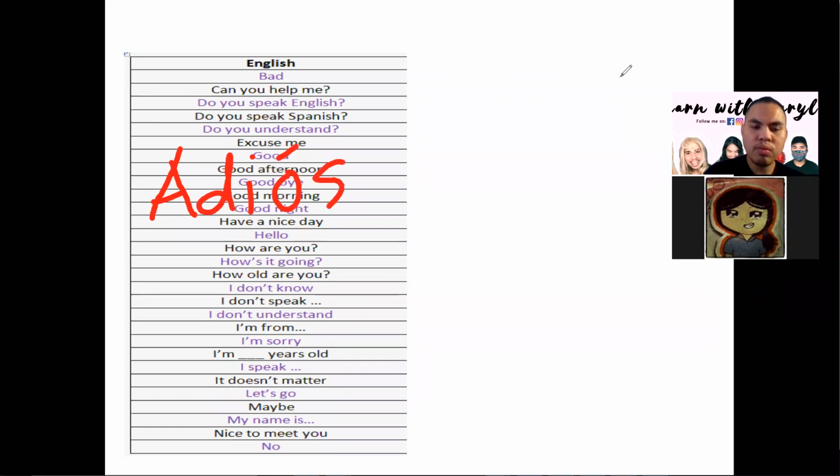So guys, what happens if, for example, I put the accent on top of the I instead of the O? How would you pronounce it? Yeah, it would be adiós, okay?